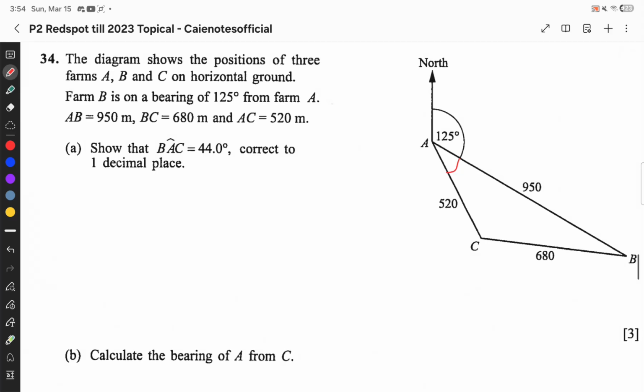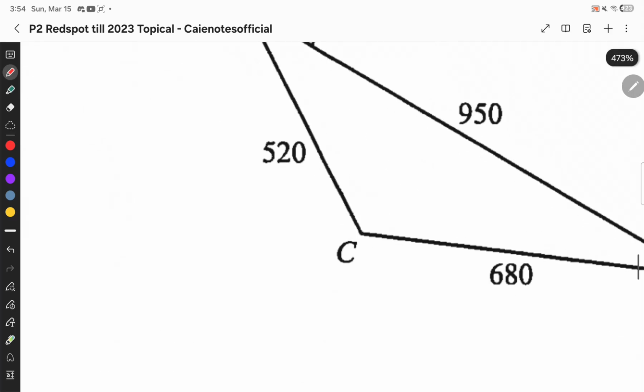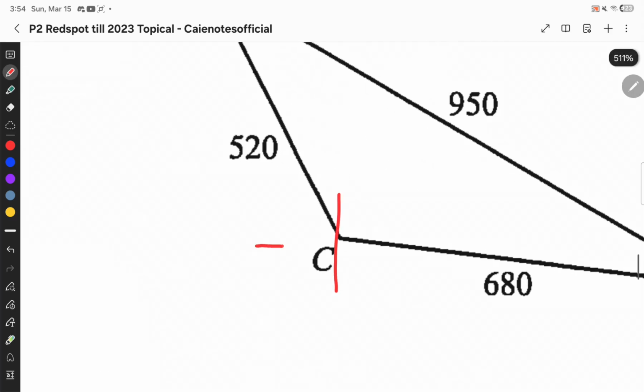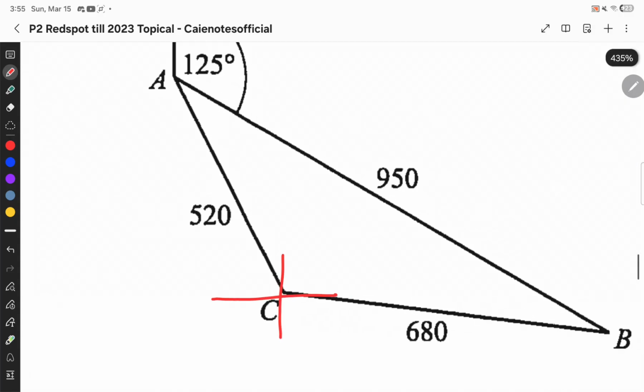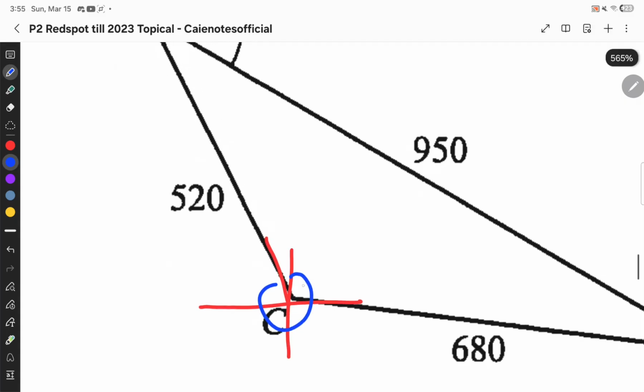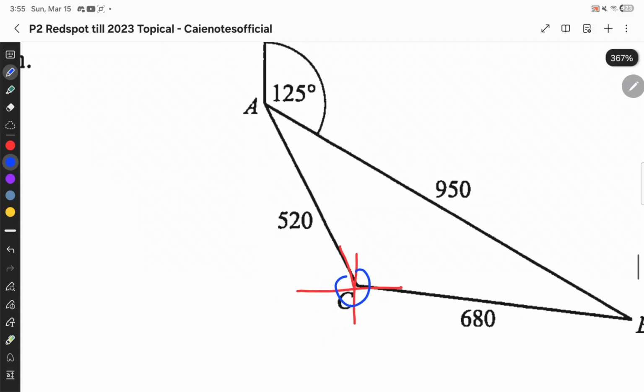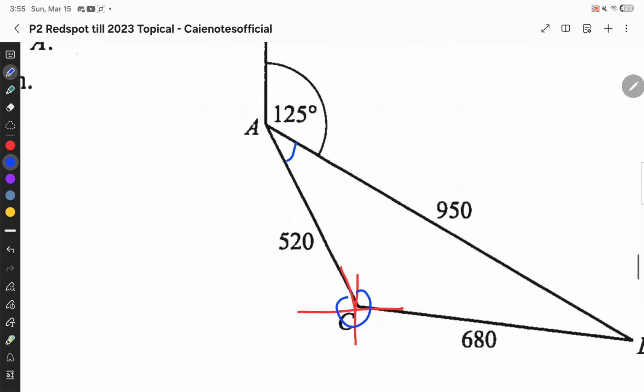Calculate the bearing of A from C. So from C we make a plus, and we make our CA, and we make our circle, and we do 180 thingy, 190. But let's see, can we use this big angle, this big juicy angle that you found?